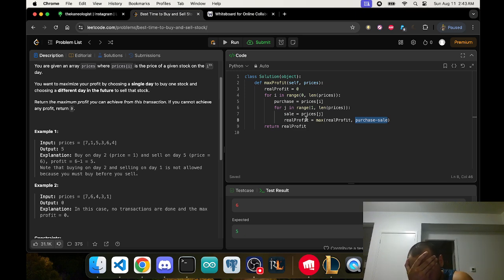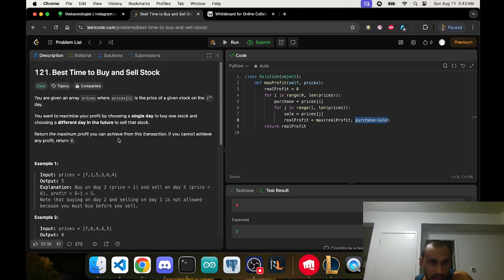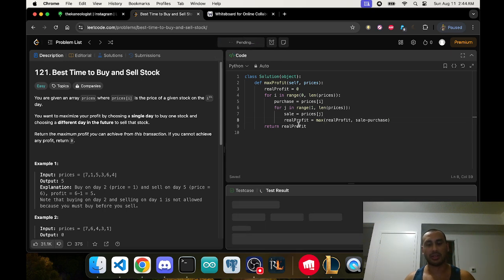What would it be? You're given an array of prices, the price of the ith day. You're going to maximize the profit of a single day to buy one stock, which is a different day to sell that stock. Oh, so it's purchase minus sale. So this would be sale minus purchase, because that's what your profit is. Let's try that.